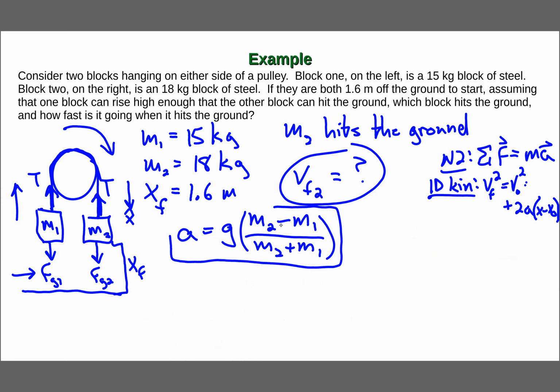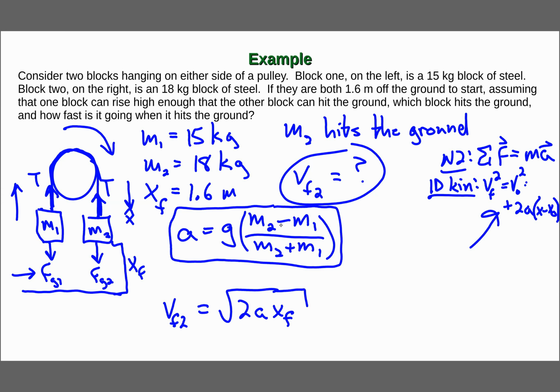And I'm going to put a square around it because I want to come back to it. Okay? But the question actually asks us about v. So let's find vf2 first. So vf2 is going to equal, if we just look at this equation and just plug in what we know, the root of 2a xf, right?